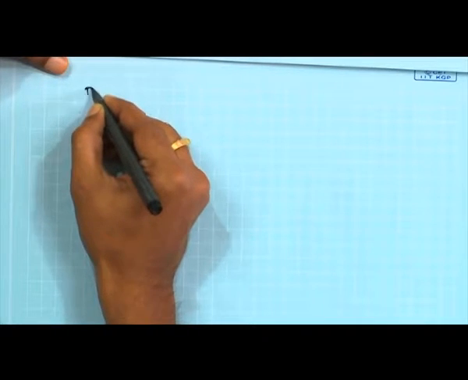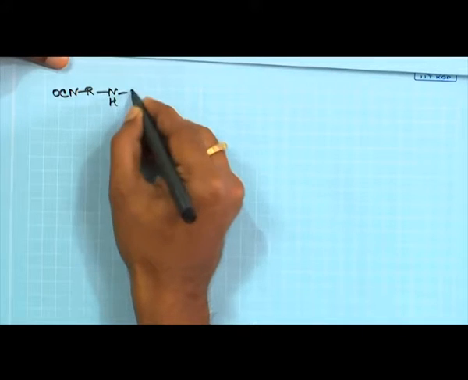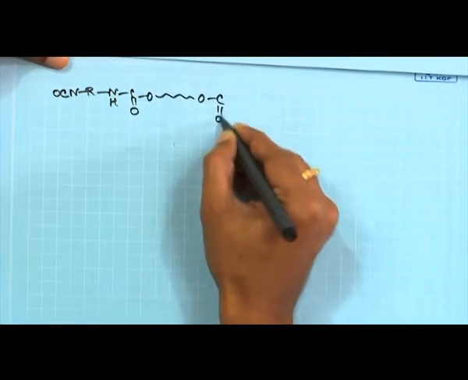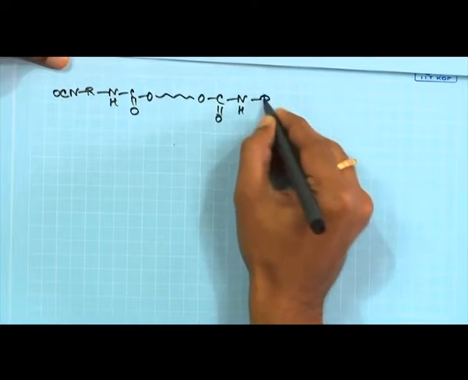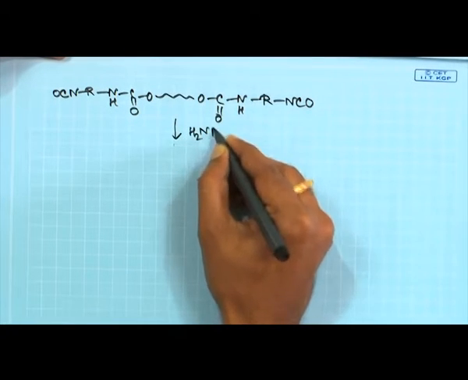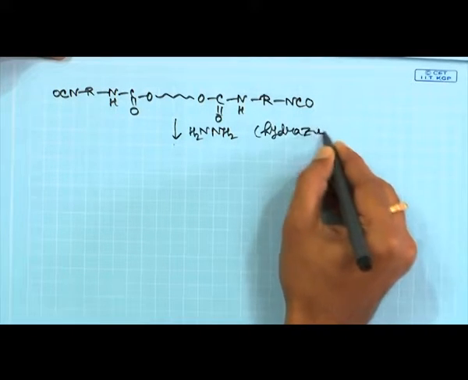So, you have now produced your NCO, NHCO, O. So, this is your pre-polymer. Now, this pre-polymer you are reacting with hydrazine, which is your chain extender.